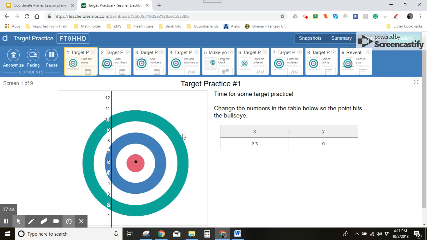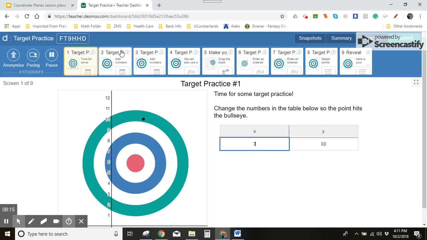At first, I want you doing exactly what the directions say. For example, target practice number 1. It's time for some target practice. Change the numbers in the table below so that the points hit the bullseye. If I want to change, I can change my y value to 10, and notice that my point moves. So I want everybody to try this out.